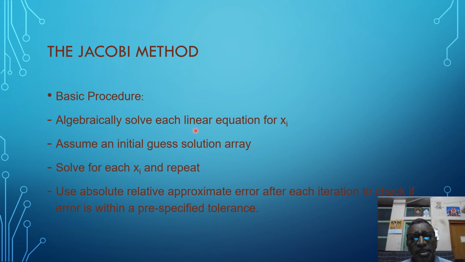Algebraically solve each linear equation for xi. Assume an initial guess solution array. Solve for each xi and repeat. Use absolute relative approximate error after each iteration to check if the error is within the specified tolerance. So this is about the Jacobi method in brief.